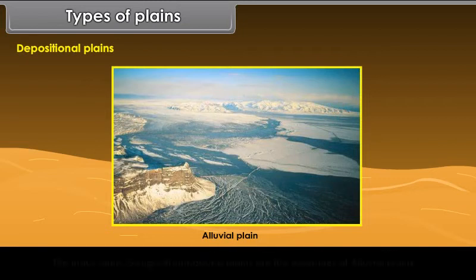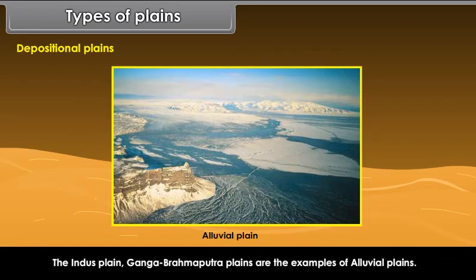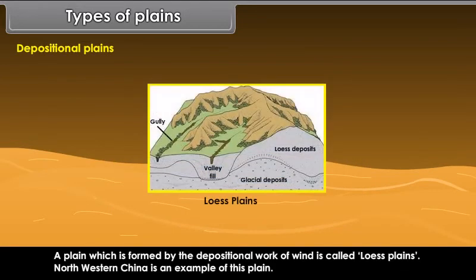The Indus Plain and Ganga-Brahmaputra plains are examples of alluvial plains. A plain which is formed by the depositional work of wind is called Loess Plains. Northwestern China is an example of this plain.